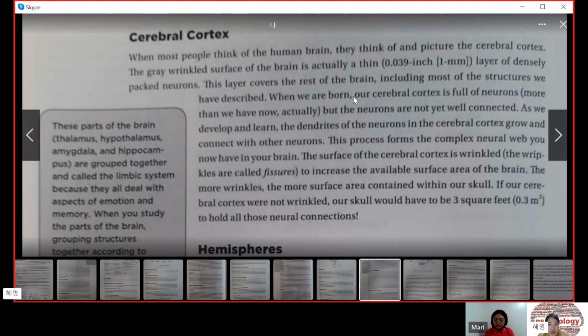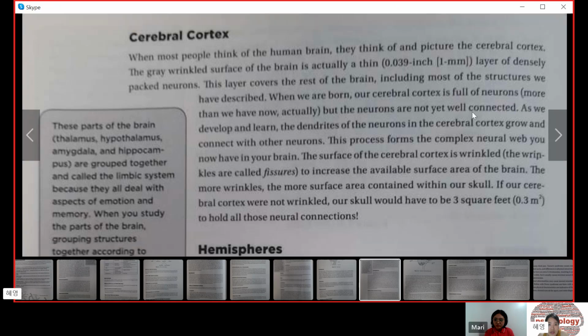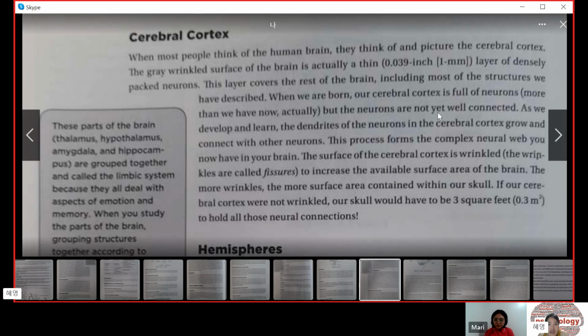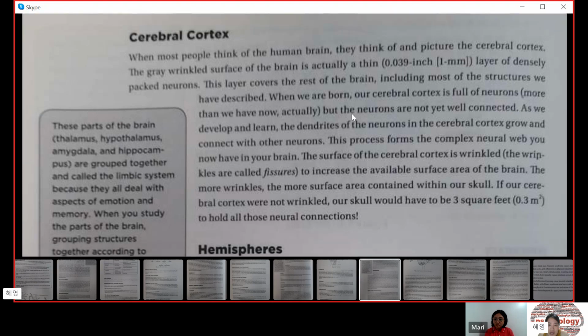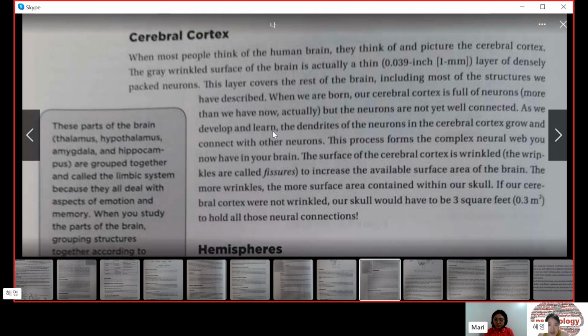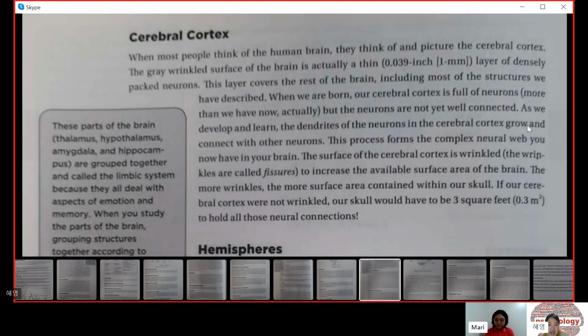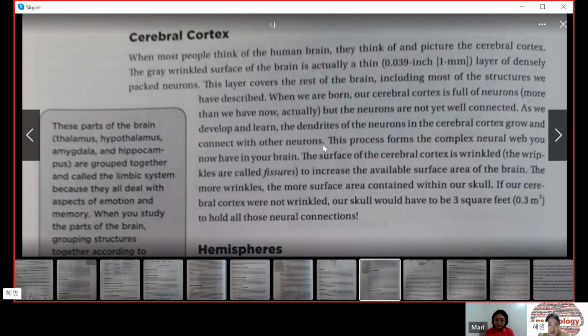When we are born, our cerebral cortex is full of neurons, but the neurons are not yet well connected. As we develop and learn, the dendrites of the neurons in the cerebral cortex grow and connect with other neurons.